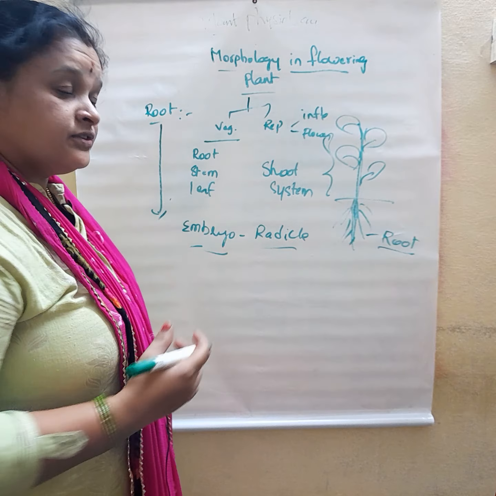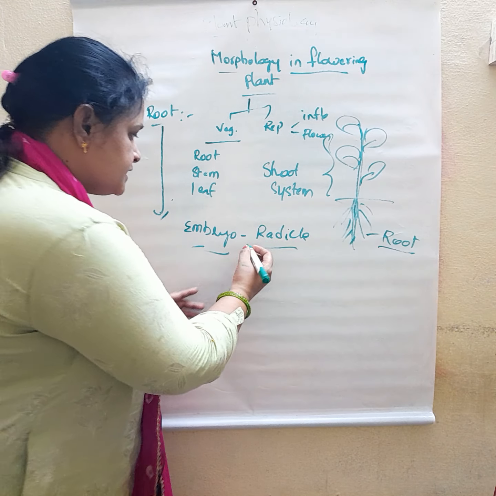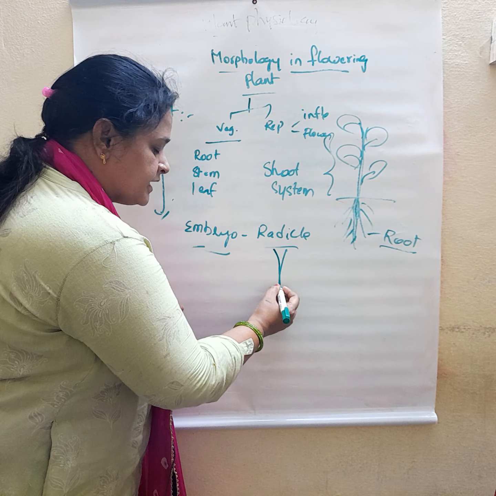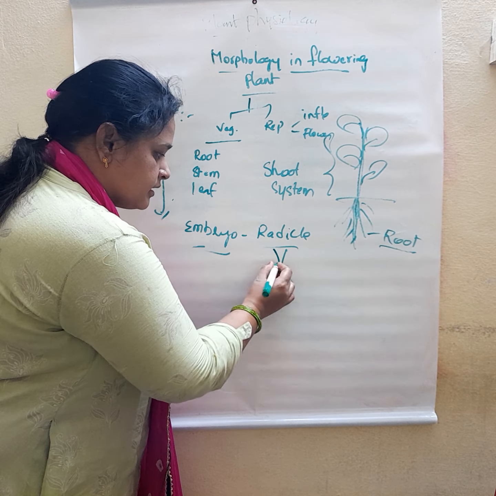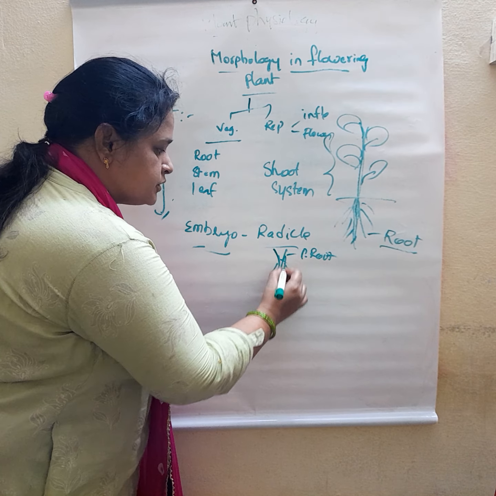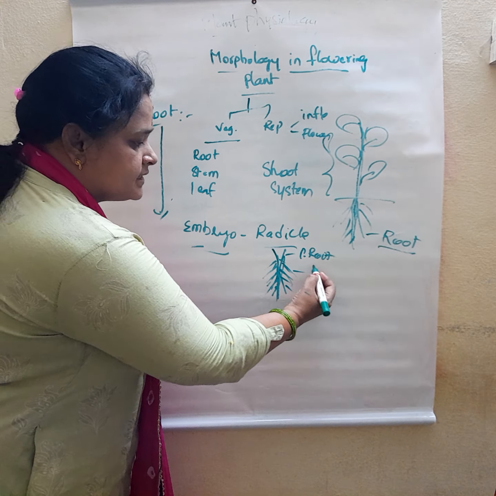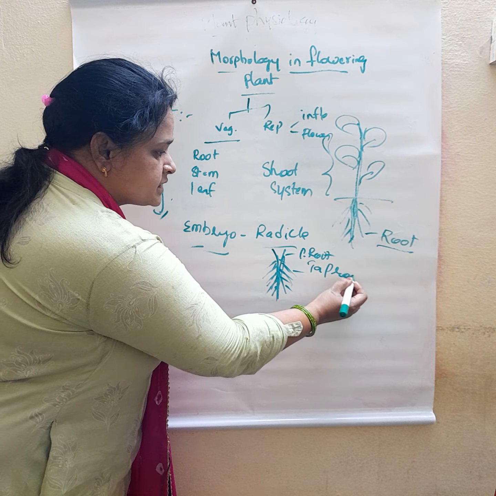What are the functions of the root? Root mainly gives anchoring and water and mineral supply. The radicle develops into a root that is called the primary root. The primary root develops into the main root, and from the main root many lateral roots arise. This is called the taproot system.